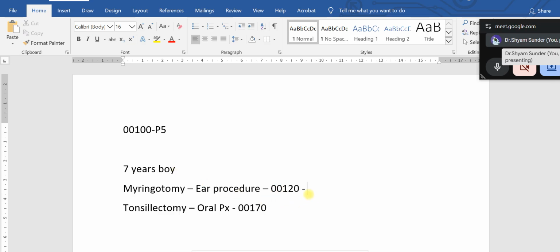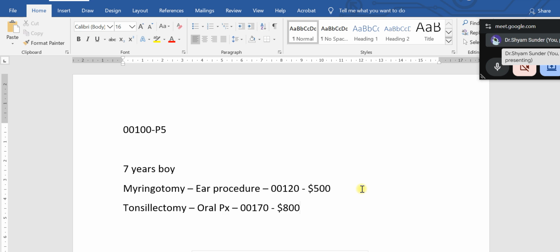So, for example, this one is $500 and this one is $800. Same surgery. If you report these two codes, do you think the payer will pay separately, $500 plus $800, $1,300? No, because the payer says you started anesthesia and you ended it. It is your responsibility to end the anesthesia.